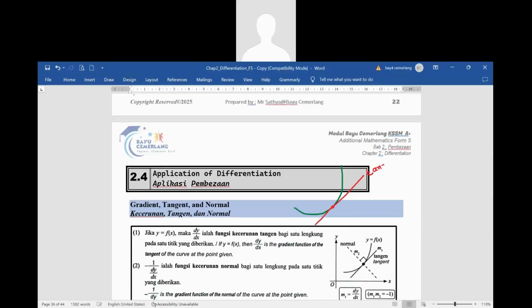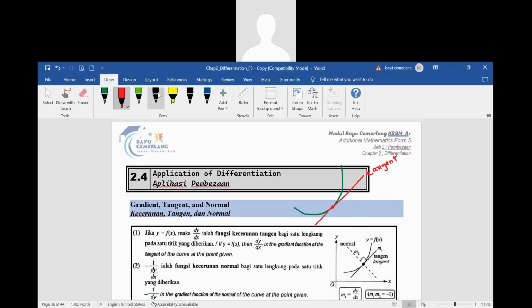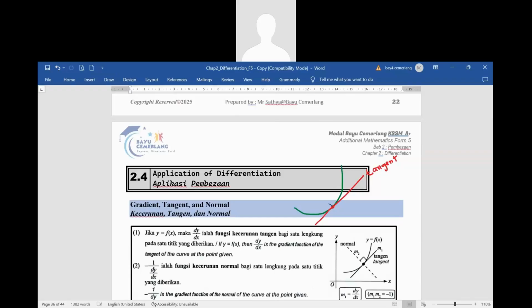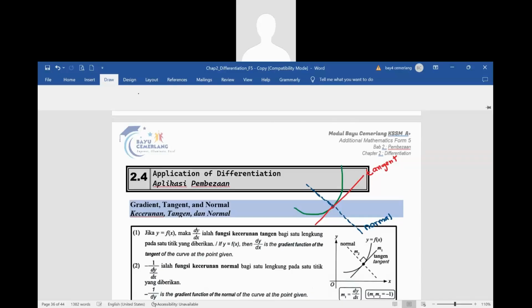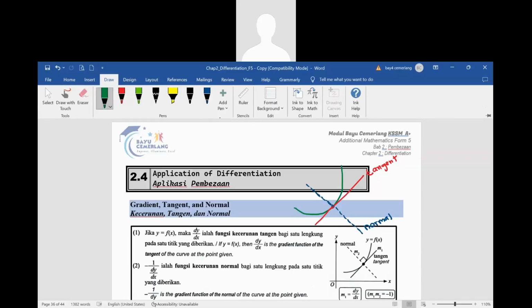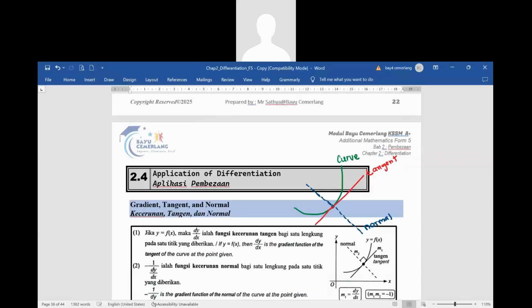This line we call a tangent line. We can also draw another line that is perpendicular to your tangent. We name it the normal line. Okay, so this is your curve.